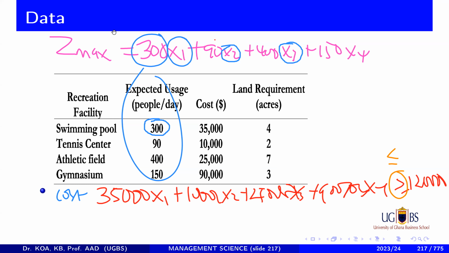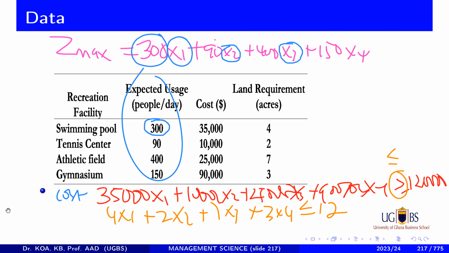Dansoa: It's 4x1 plus 2x2 plus 7x3 plus 3x4 less than or equal to, I think the total acres was 12.